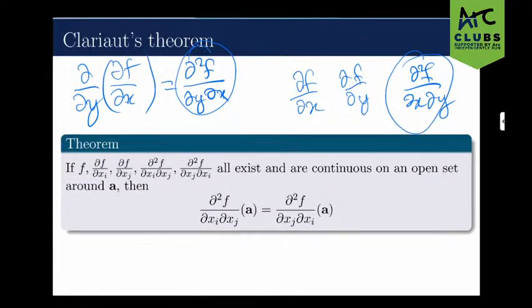Based on this theorem, we can exchange these higher order derivatives if all of these partials exist up to that order. So this time, looking at the second order partial derivatives, if all of them exist up to this order and they're continuous around A, then I can interchange them.